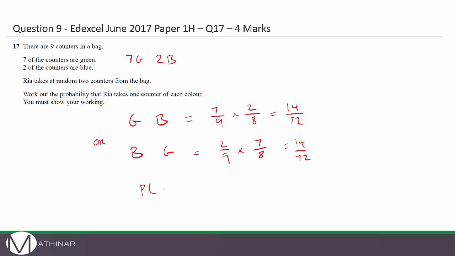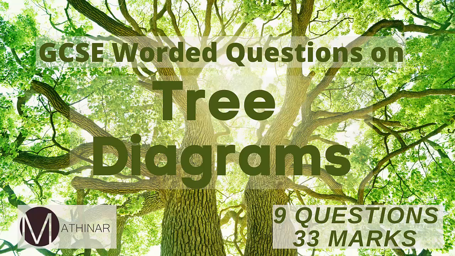So the probability of one of each colour is 14 over 72 add 14 over 72, which is 28 out of 72, which will simplify to 14 out of 36, and then 7 out of 18. And that will be your final answer.